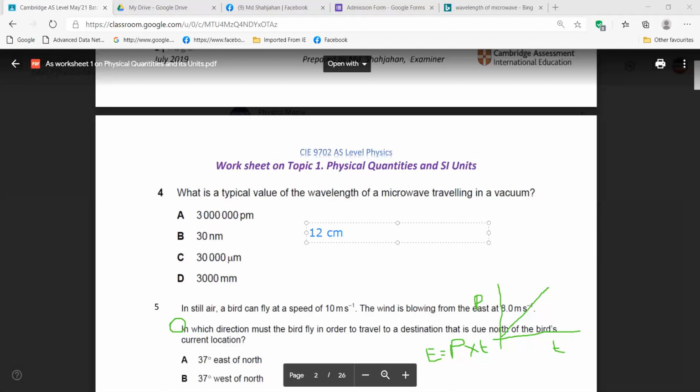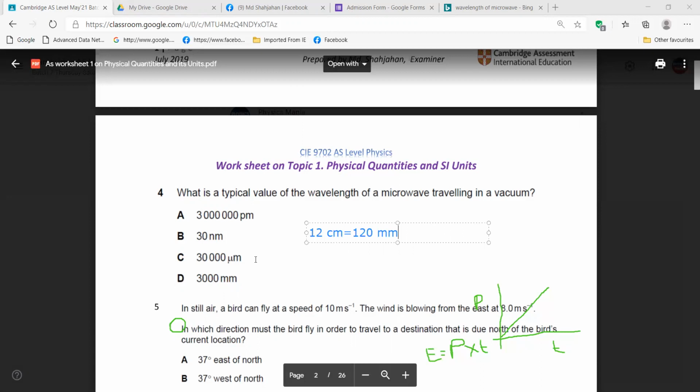Now, if you convert to millimeter, because millimeter and centimeter is closer, right? Yes, sir. Then 12 centimeter will come 120 millimeter. So we can understand it's not matching, right? Yes, sir. Not matching.